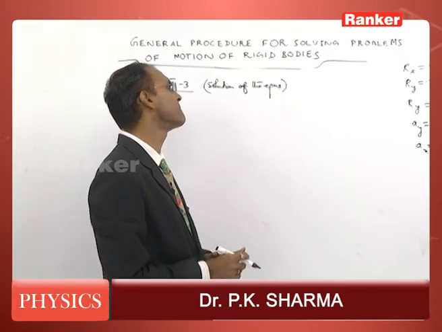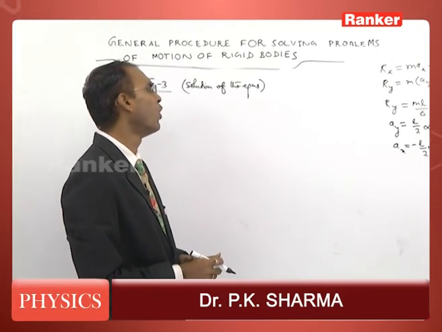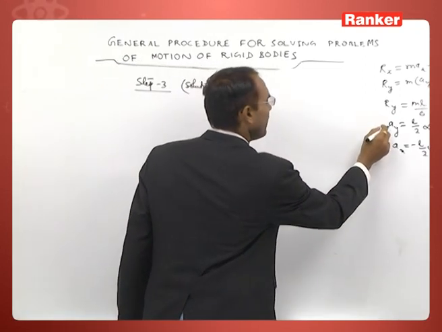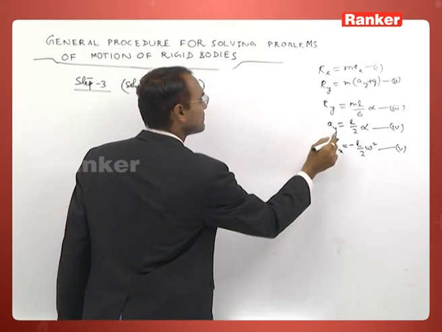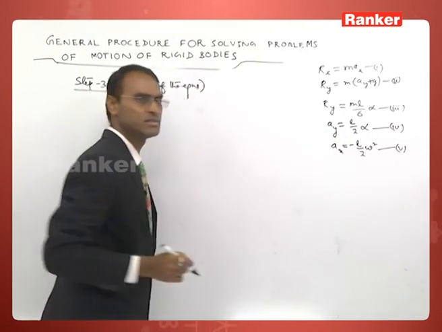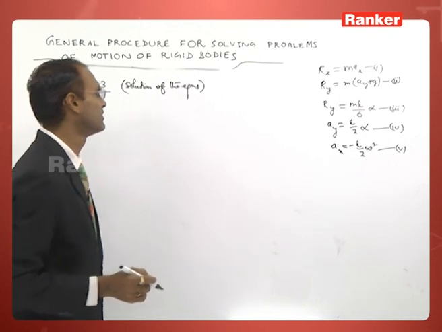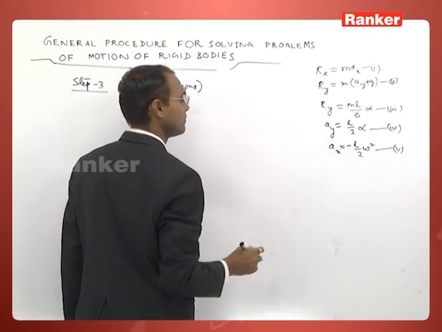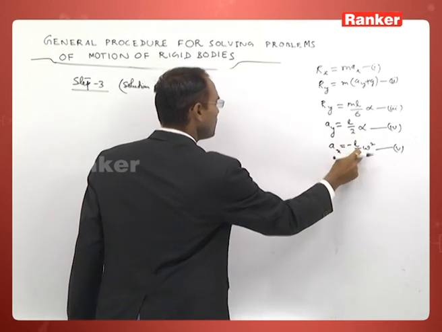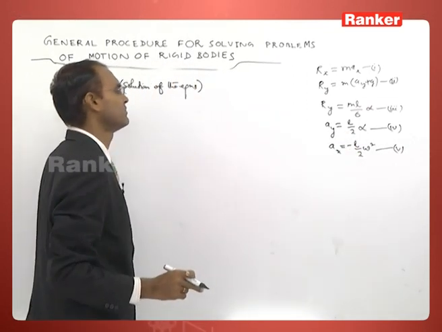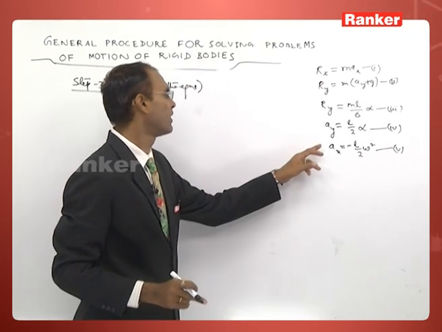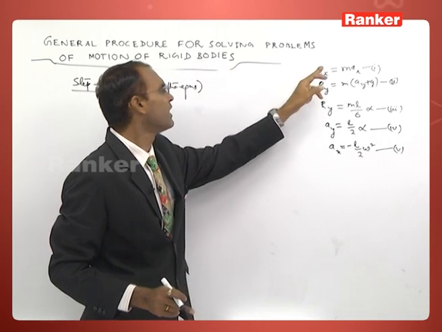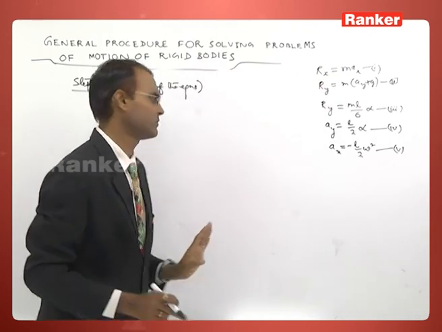Generally, we can use the kinematical equations. X is equal to minus L by 2 into omega square. In this dynamical equation, Rx is equal to m into x.